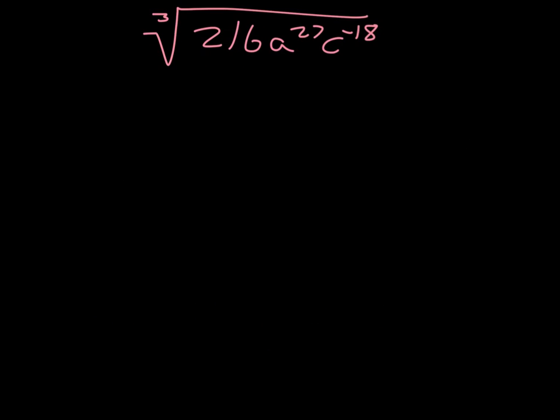Now what we're going to do is solve this question, which is cube root 216 a to the power of 27 c to the power of negative 18. We're going to do it slightly differently and use the bracket method.